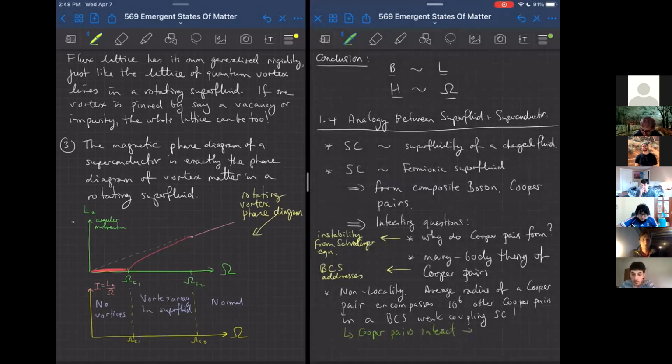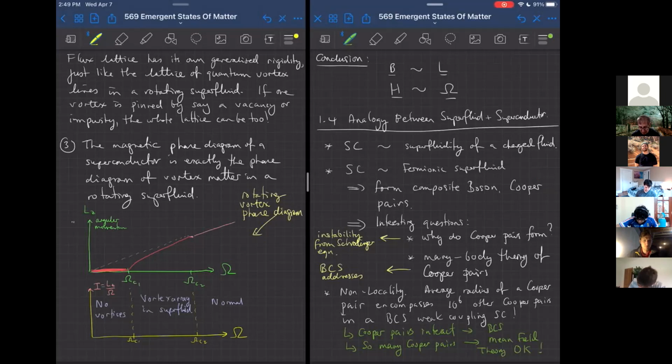And so that's why you need the BCS many body theory to do that. And then the other thing is, because there are so many, namely 1 million, that implies that mean field theory works well. And so that was really very lucky for BCS.